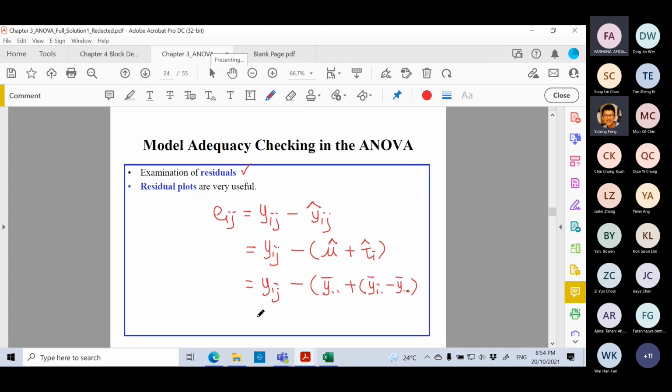So finally, the residue in this case will be equal to Yij minus mu hat minus tau i hat. These two cancel off, and you get the mean for the i dot. So the residue under this model is given by Yij minus Yi dot bar. Then you can get your residue out. We can do the computation one by one.